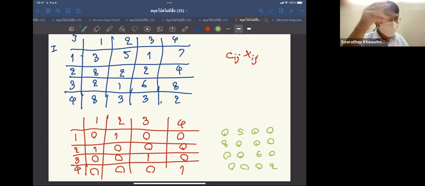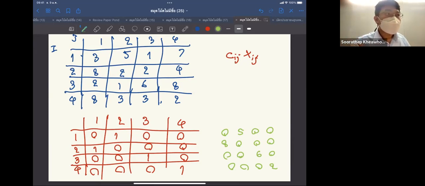Okay. Thank you. So you see that if we multiply it and then we sum all elements together, we obtain the total hours required for the whole group.